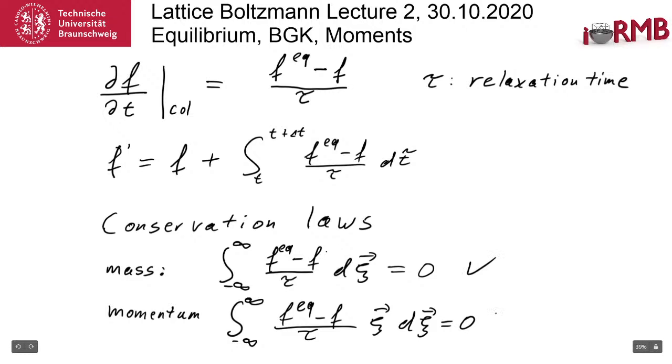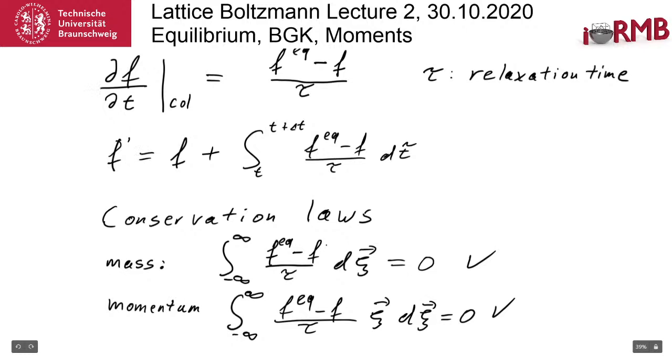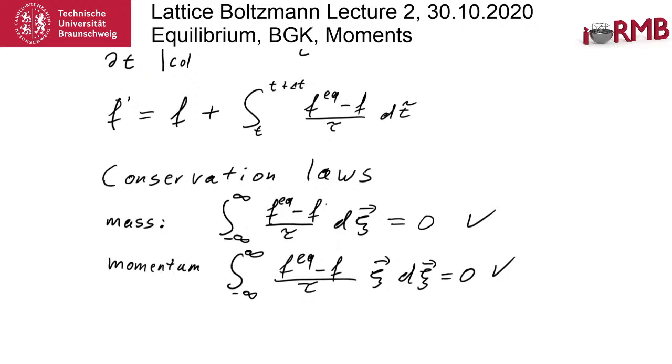This means the momentum of FEQ is the same momentum as F. So if we integrate this over the kernel xi to get the velocity, the change in velocity is 0. So the collision operator does not change velocity.